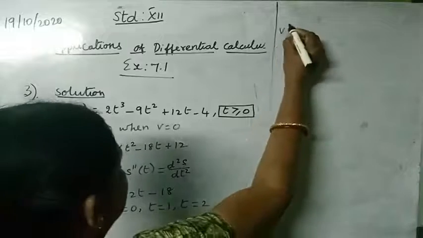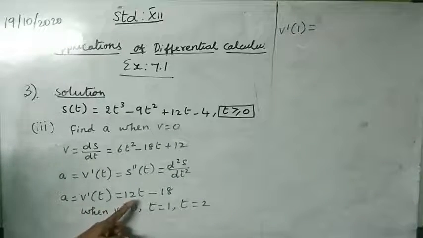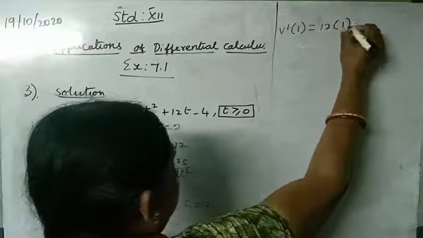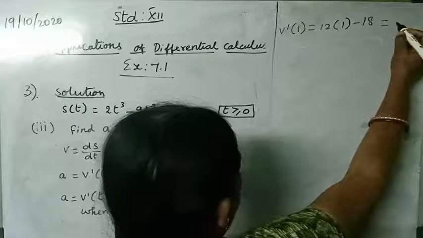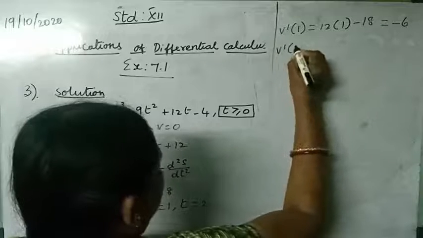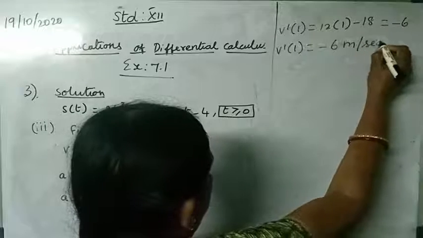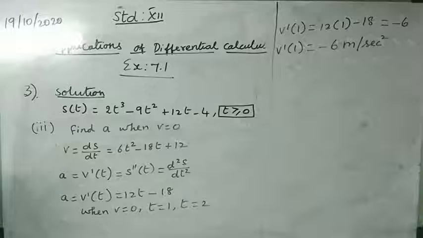So v dash of 1 is equal to, in this function instead of t substitute 1. So 12 into 1 minus 18. 12 minus 18 is minus 6. So v dash of 1 is equal to minus 6 meter per second square. Since it is the acceleration, the unit is meter per second square.